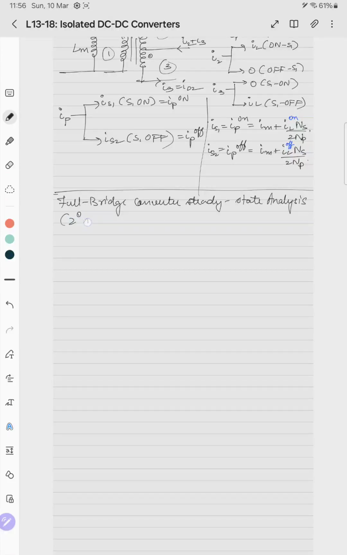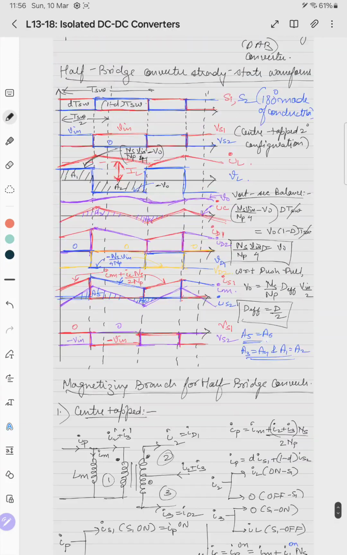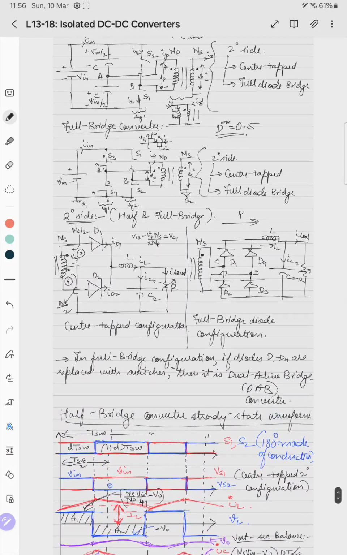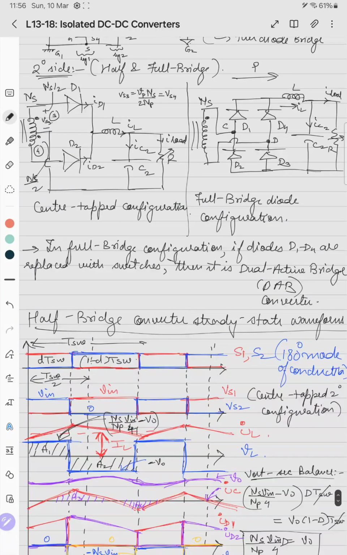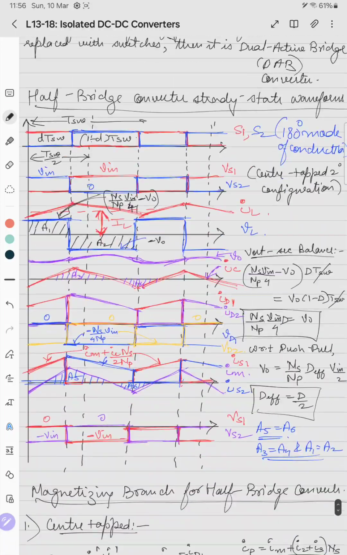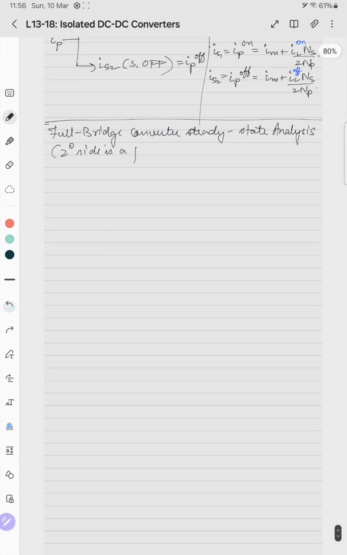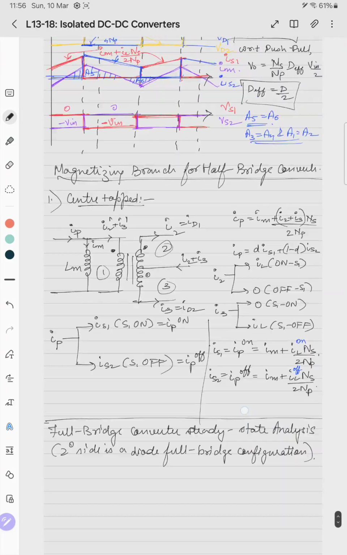Here the secondary side is a center tap. Now instead of the center tap, let's consider the diode bridge, the full bridge, where the secondary is a diode full-bridge configuration.